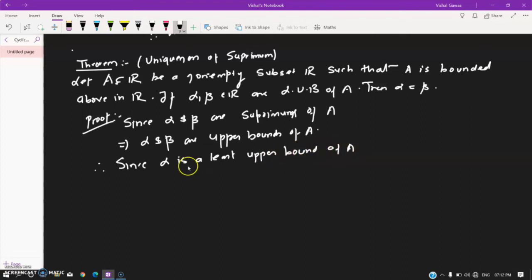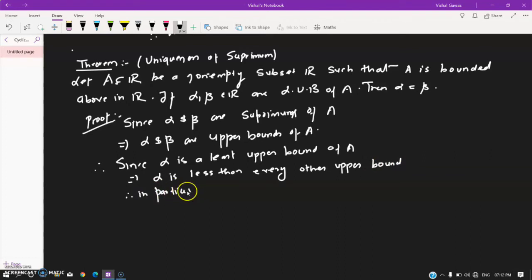Both are the same. This implies that alpha is less than or equal to every other upper bound. Therefore, in particular, alpha must be less than or equal to beta, because beta is also an upper bound. Since alpha is the least of them, alpha must be less than or equal to beta. Let me name this as 1.